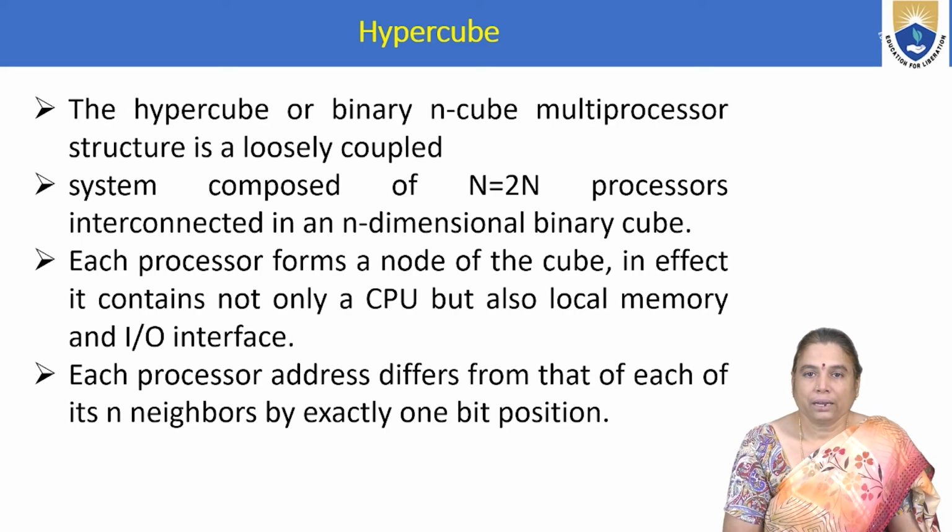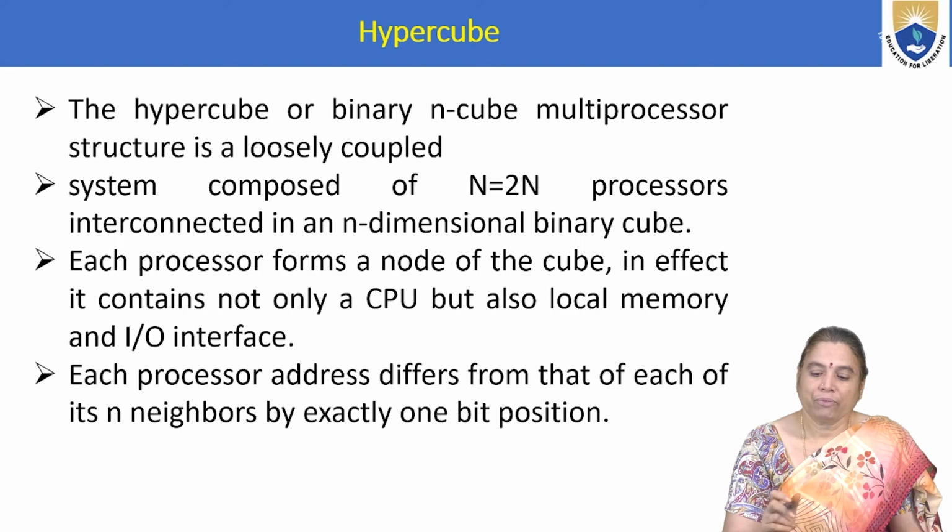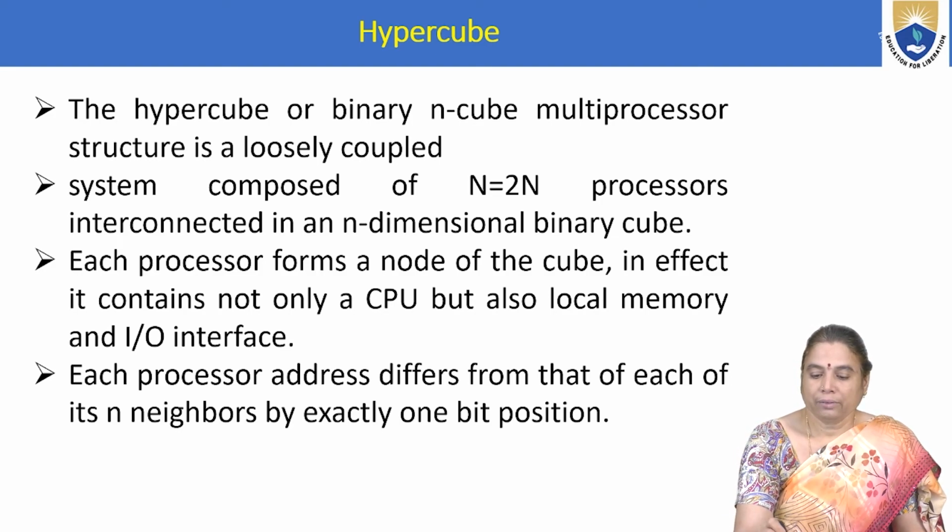The next interconnection structure is the hypercube. The hypercube is the binary n-cube multiprocessor. So if there are n processors, 2^n is the interconnection structure that can be used with the help of a cube. So each processor forms a node of the cube and it contains not only a CPU but also local memory or I/O interface.